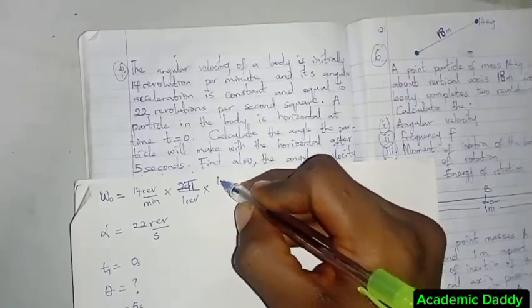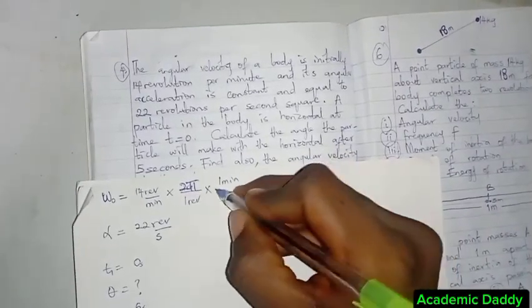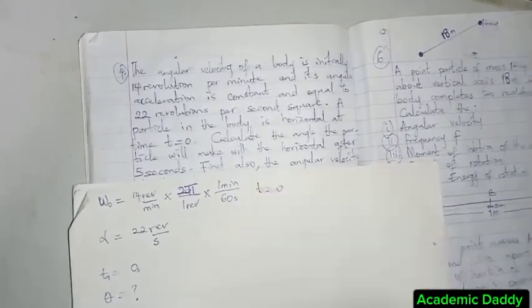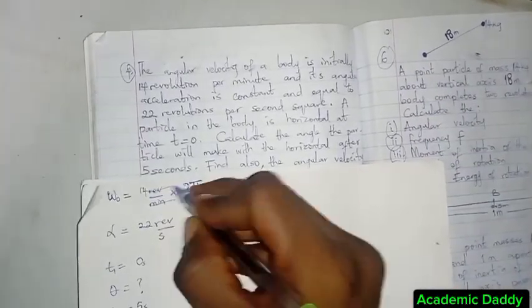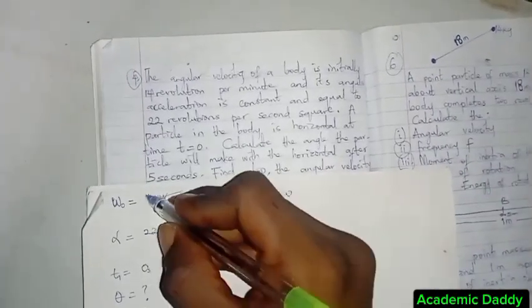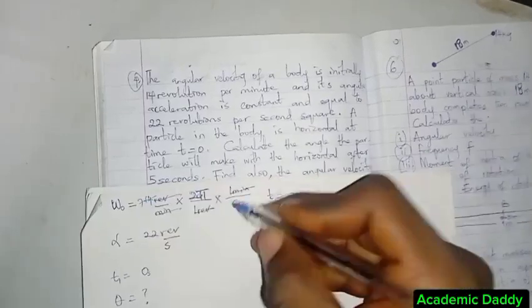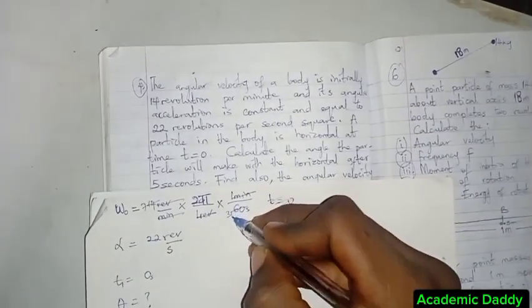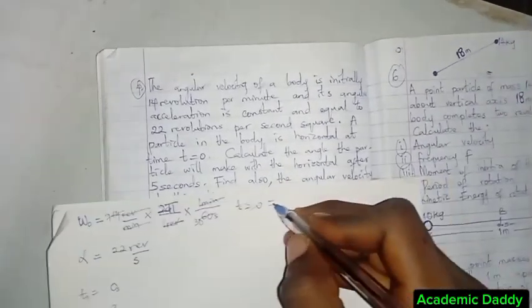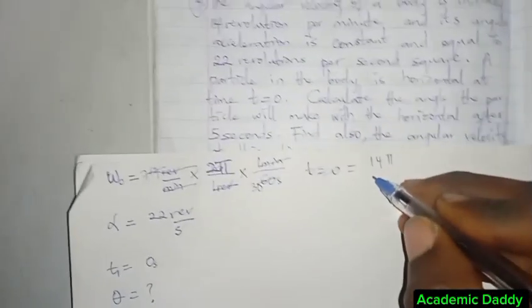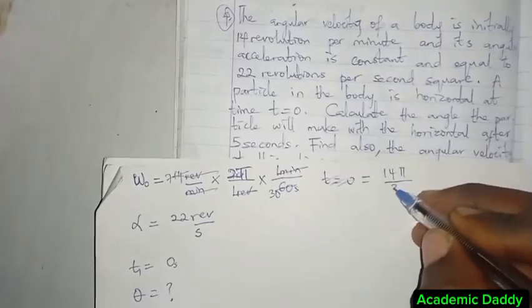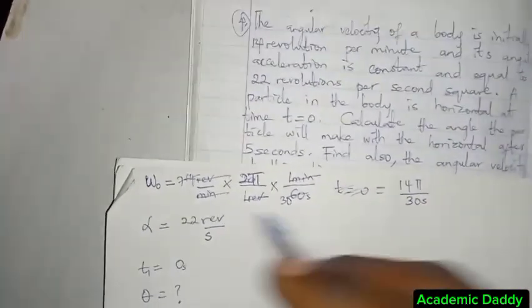Then 1 minute, I put minutes where it can cancel minutes, is equal to 60 seconds. So minutes cancel minutes, revolution cancels revolution. So 2 here 7, 2 here 30. So I'm having 14 pi over 30 seconds.